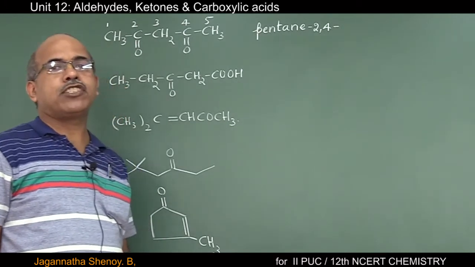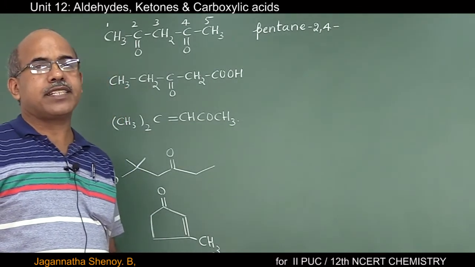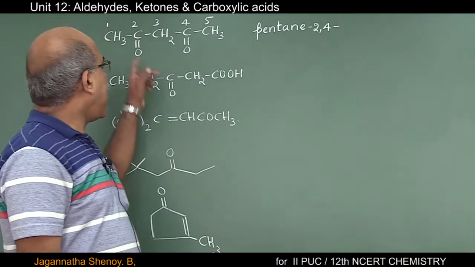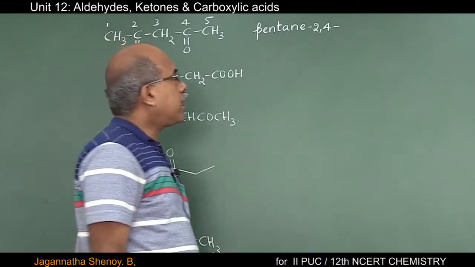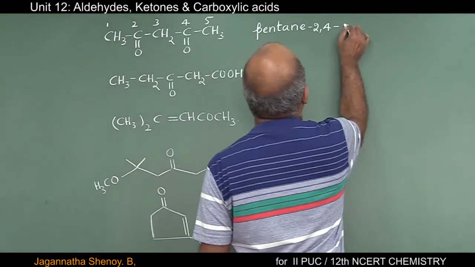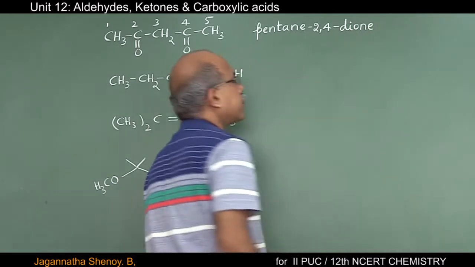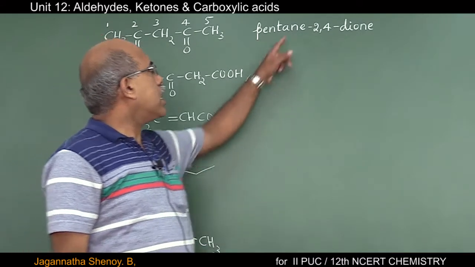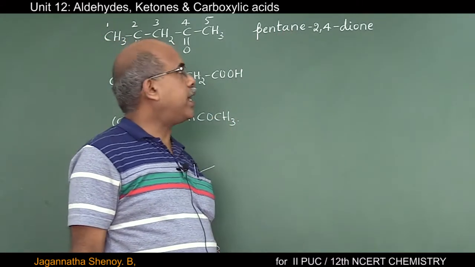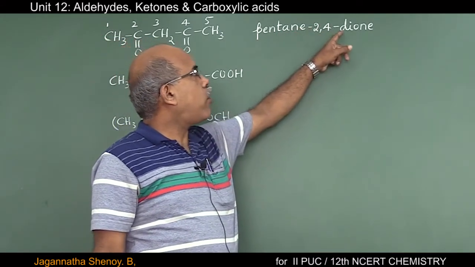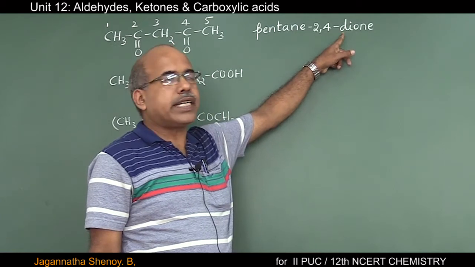For principal functional group ketone, secondary suffix is -one and it is repeated 2 times, that's why I call it dione. Here the e of ene is retained because e is followed by a consonant d.